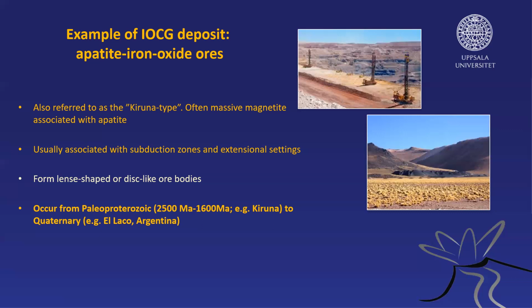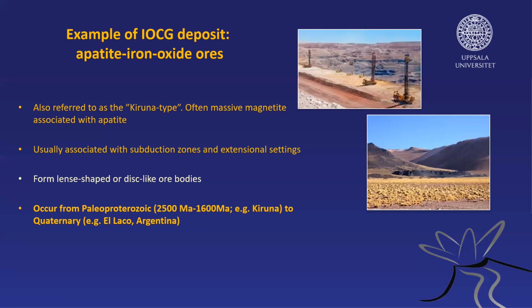But we can also find this kind of deposit in extensional settings like continental rifts and possibly mid-ocean ridges. They form lens-shaped or disc-like ore bodies.